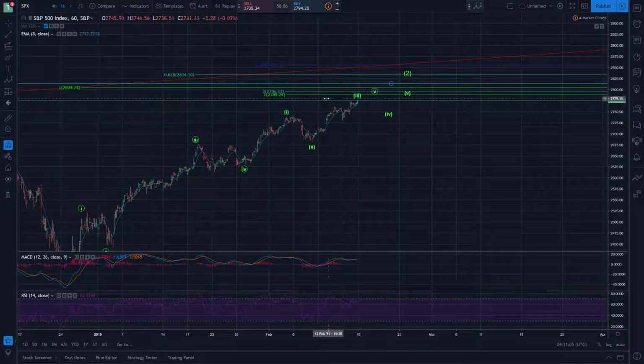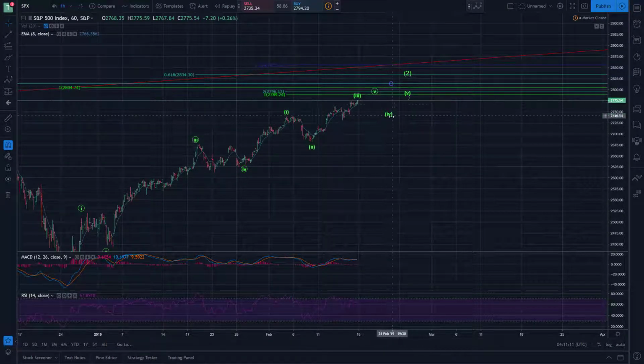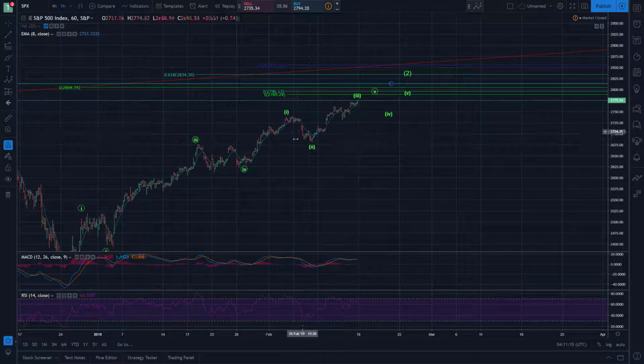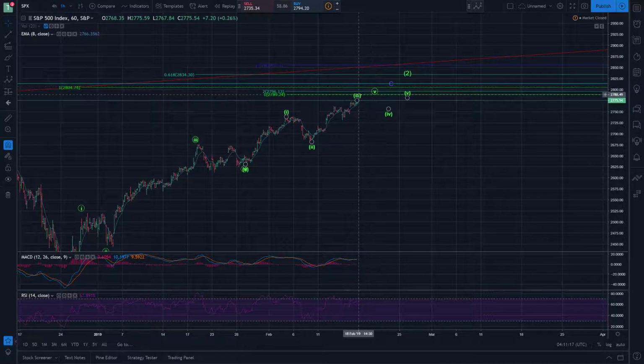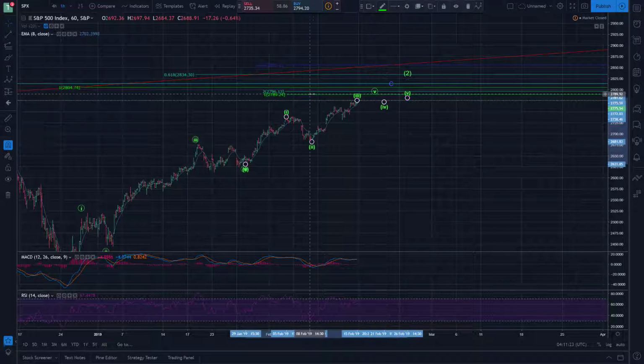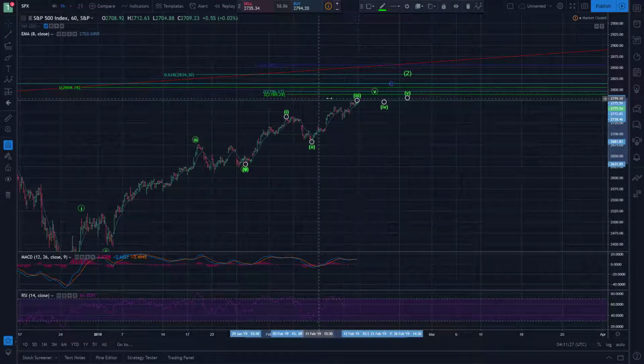If wave 1 and 3 are equal in length, that would require a shorter wave 5 for that to be valid, because wave 3 doesn't have to be the longest, but it can't be the shortest. So if it's the same length as wave 1, then wave 5 will need to be shorter than that. That would come in at 2789 if we hit that equality relationship.